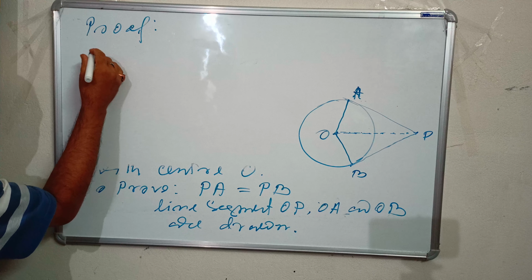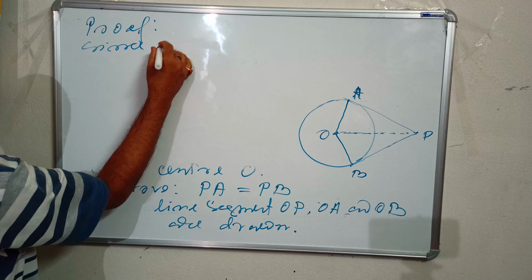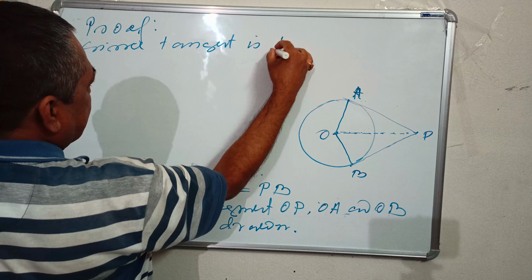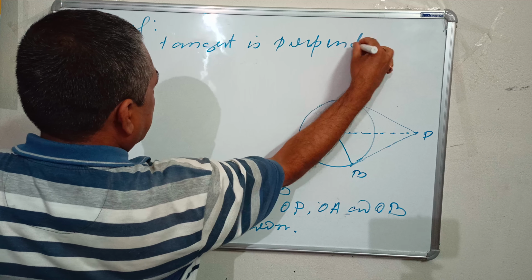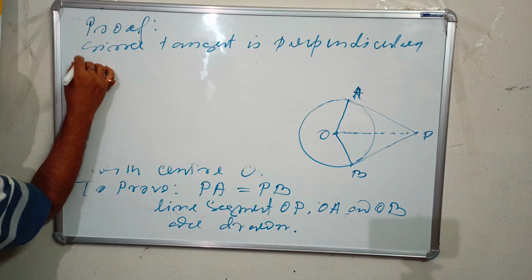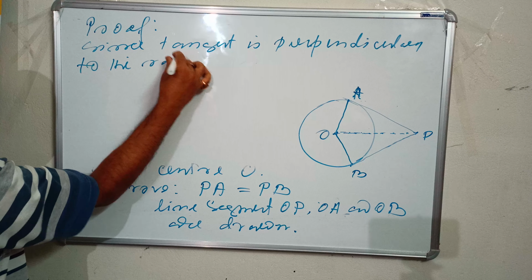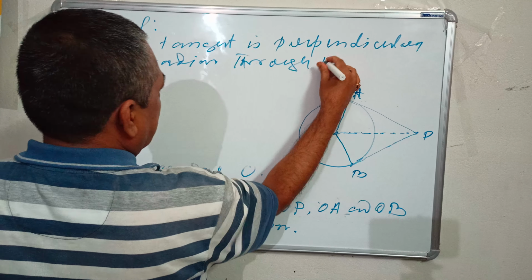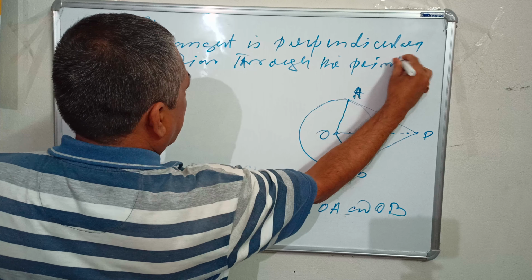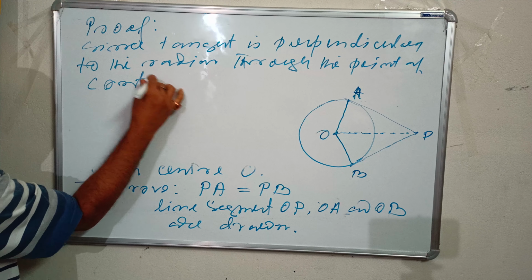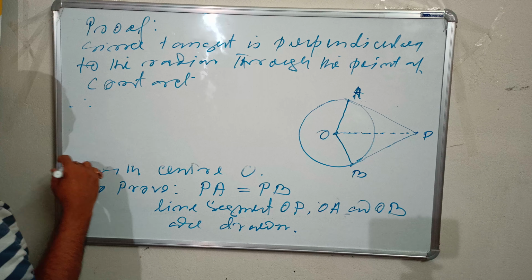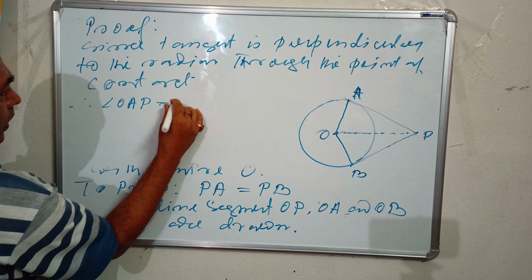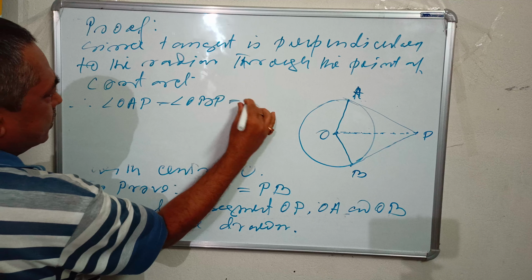Okay, so since it is a theorem, since tangent is perpendicular to the radius through the point of contact, therefore angle OAP equal to angle OBP equals 90 degrees.